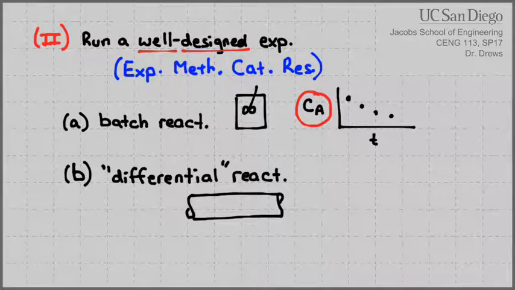The reason it's called differential is because it only has a very, very tiny amount of catalyst in it. So I will draw a single row of catalysts as black circles here. The rest of it is just empty support, or sorry, inert support that's only there to basically hold the catalyst in place. But it's not actually reacting anything, it's just inert.